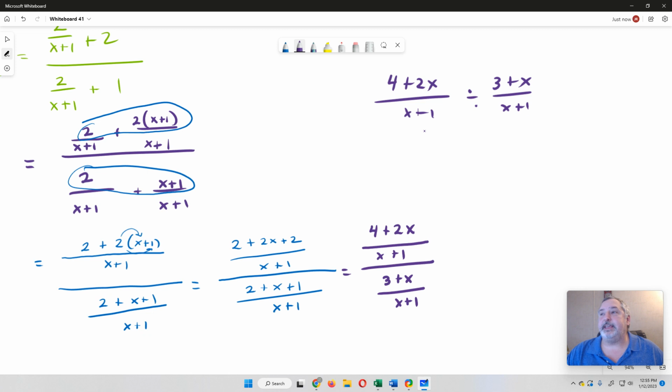Remember, the rule is keep, change, flip. So we're keeping, changing, flipping. These are going to cancel each other out, leaving me with 4 plus 2x all over 3 plus x.